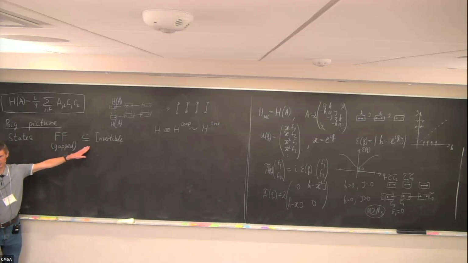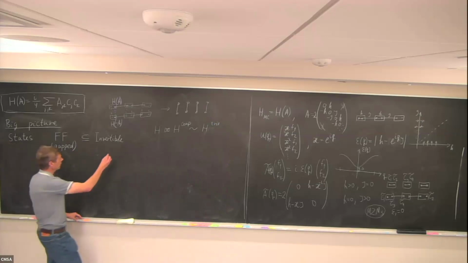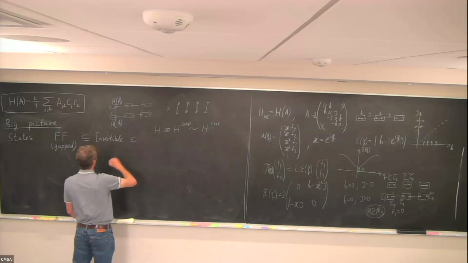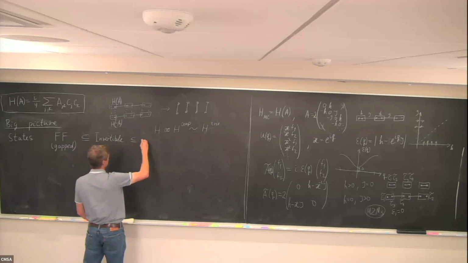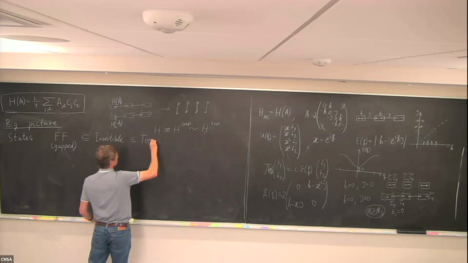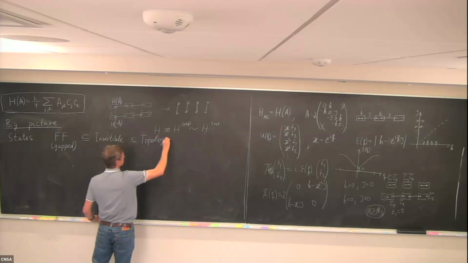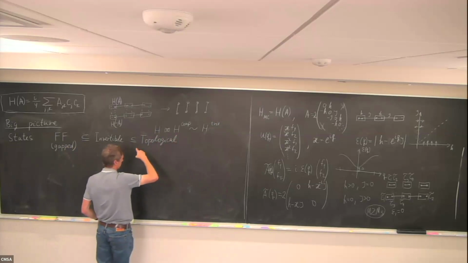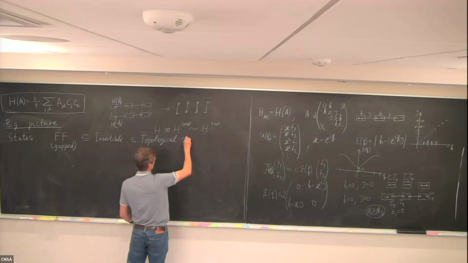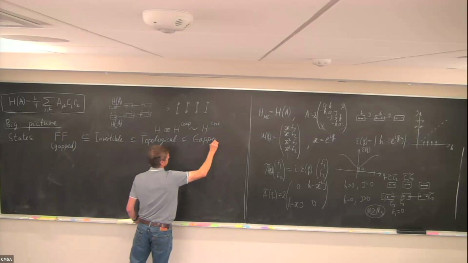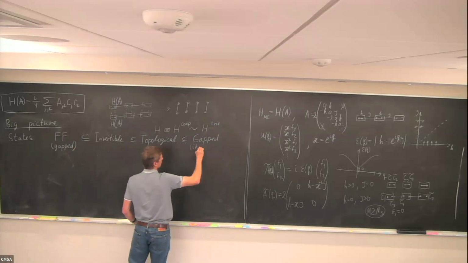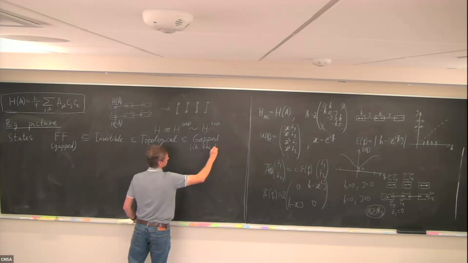These are invertible states. And invertible states are special cases of topological states. Let me finish this sequence. The last thing is gapped. Gapped in the bulk.